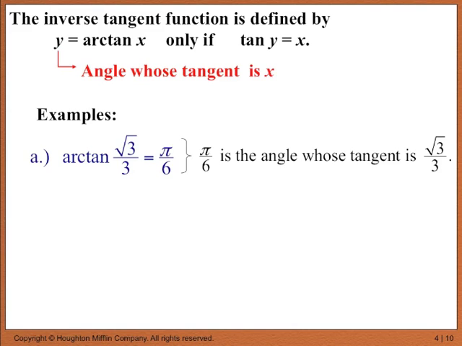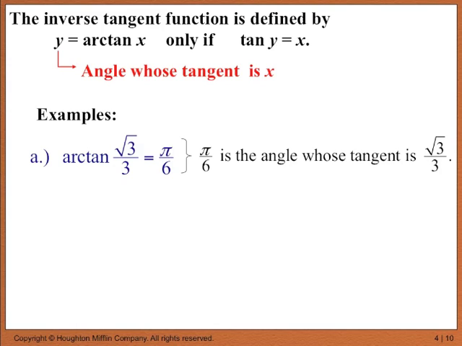And if you refer to your unit circle right now, and you look at pi over 6, that little piece there, you'll see that its corresponding point has an x-coordinate and a y-coordinate. Well, if you divide, y over x, the y-coordinate divided by the x-coordinate, you'll quickly see that it simplifies to root 3 over 3.